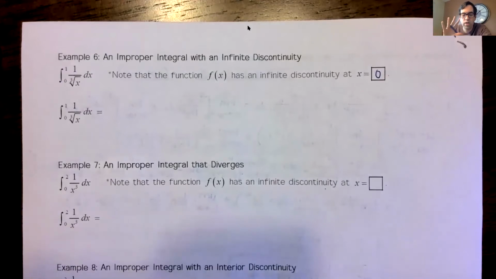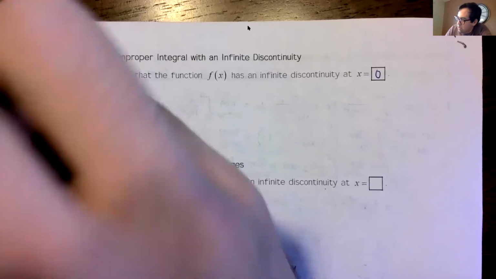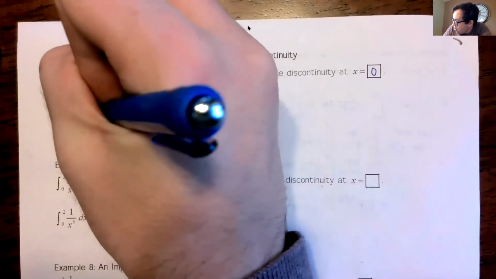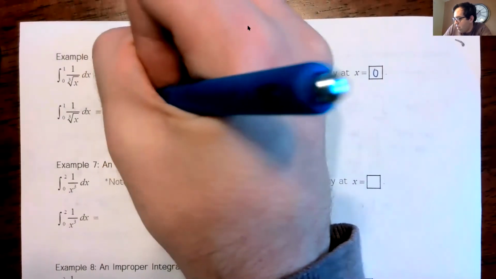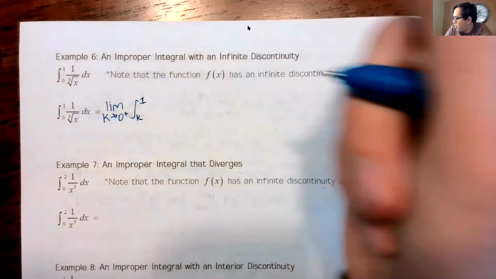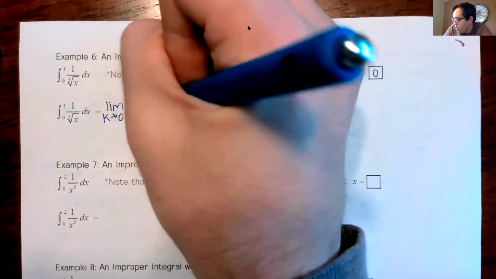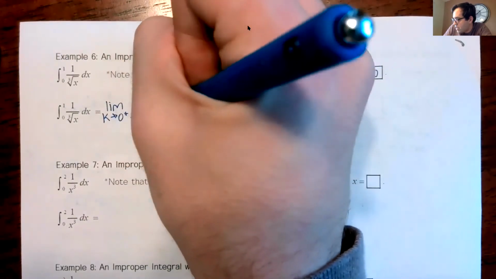So we're going to have to set this up using the rules from the previous page. As always, we want to initially start by immediately removing the improperness from this integral and representing that with a limit instead. So we're going to say the limit as k approaches 0 from the right of the integral from k to 1 of 1 over the cube root of x dx.